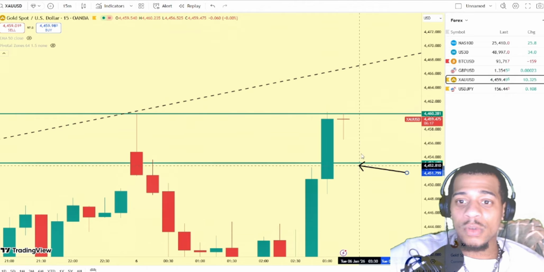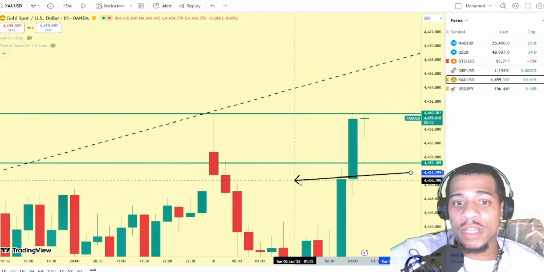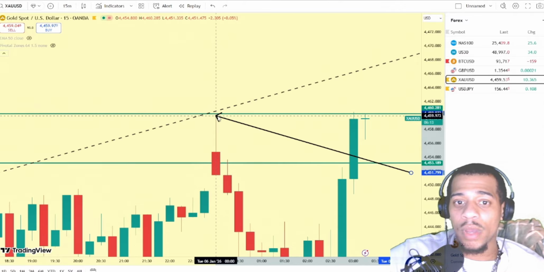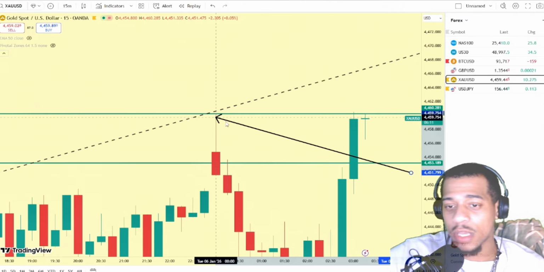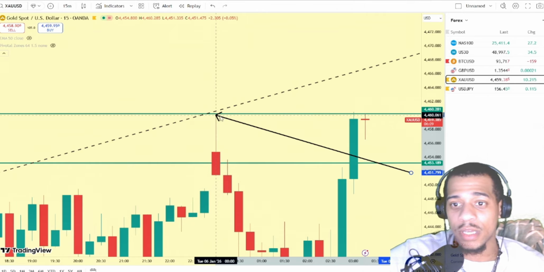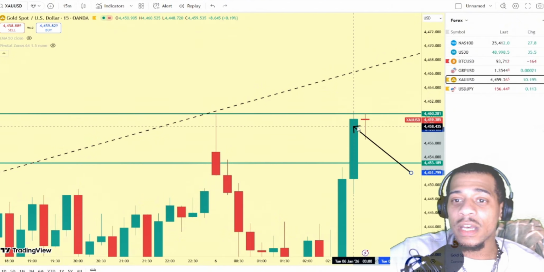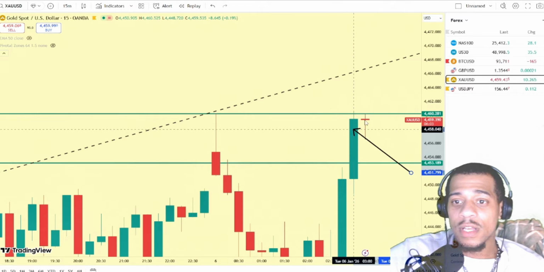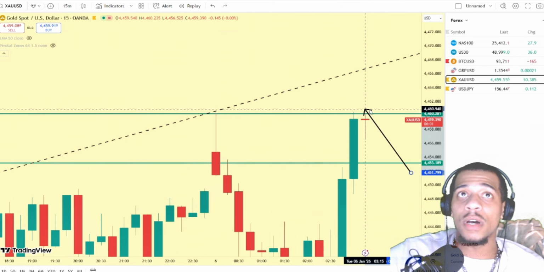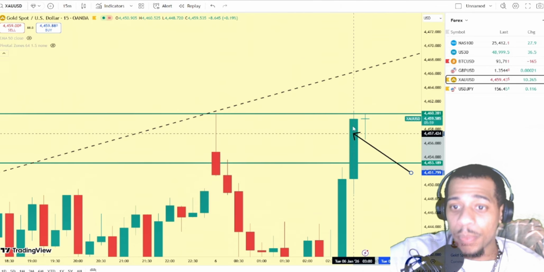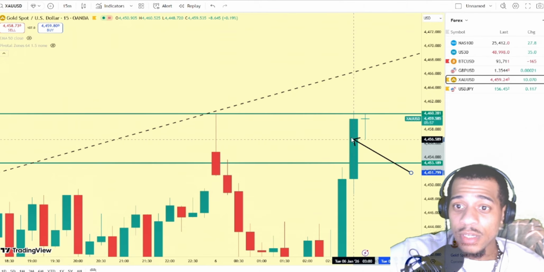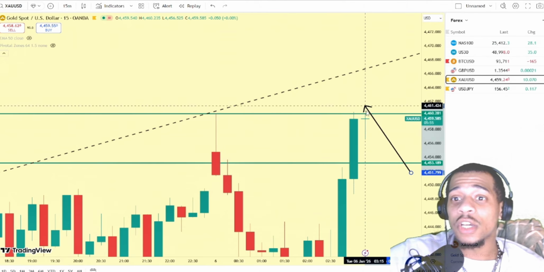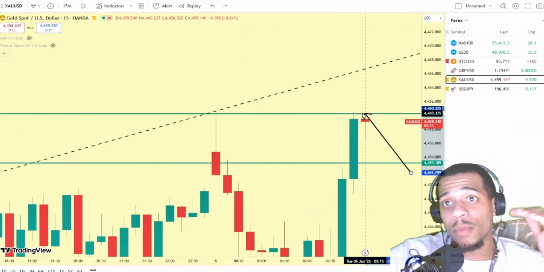Okay? So now, when it comes to reading candlesticks, when we have had a high in the market or any type of point in the market, and then we get a close above. What do I mean by close above? If we wanted price to close above, we would need a bullish candle for the body to close above a certain point.